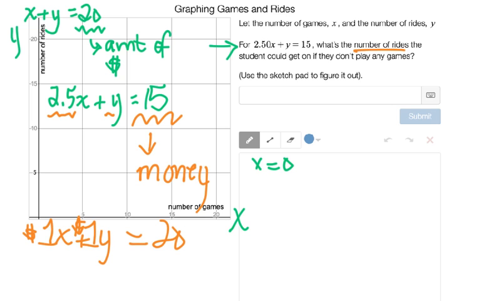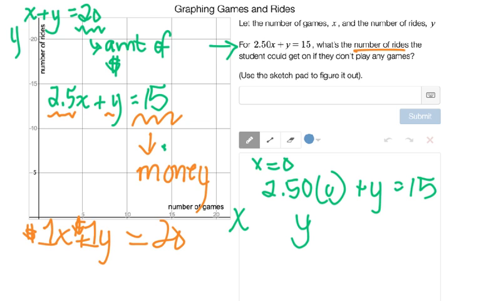Well, I'm going to substitute in and go 2.5 times 0 plus y is equal to 15. Well, what's 2.5 times 0? 0. So what does this mean? That means that y is equal to 15. What's the number of rides I could get on? Oh, I can get on 15 rides if x is 0.